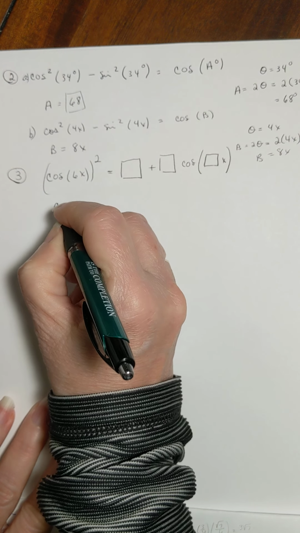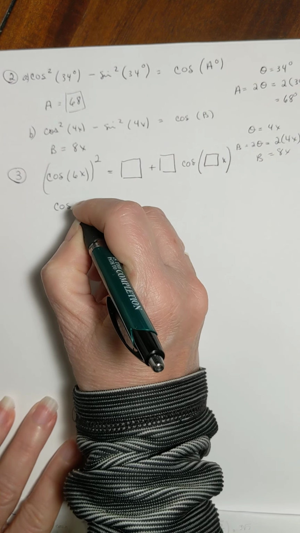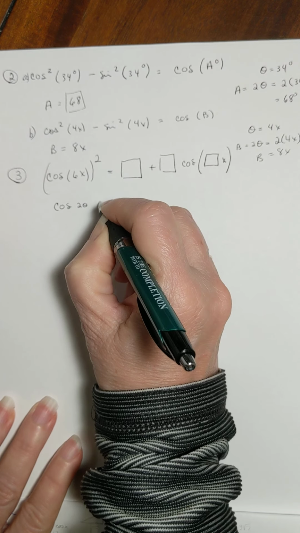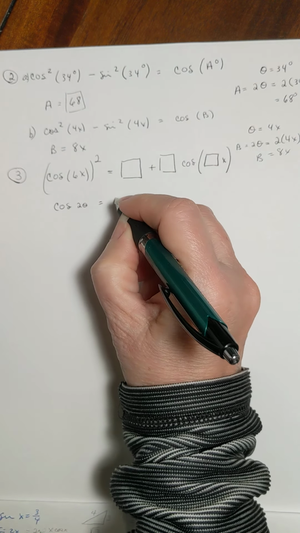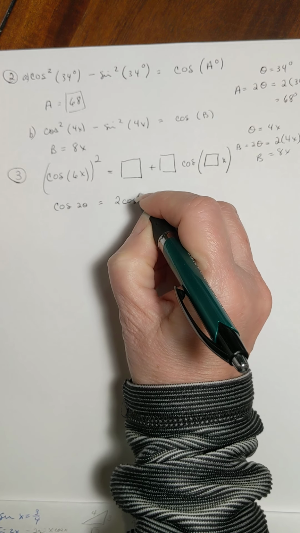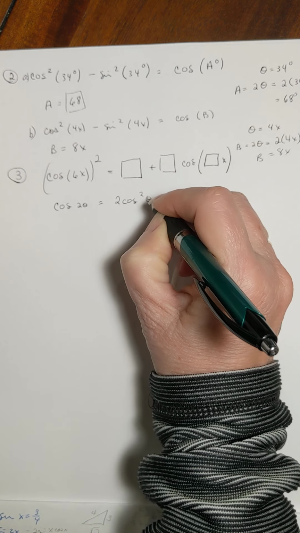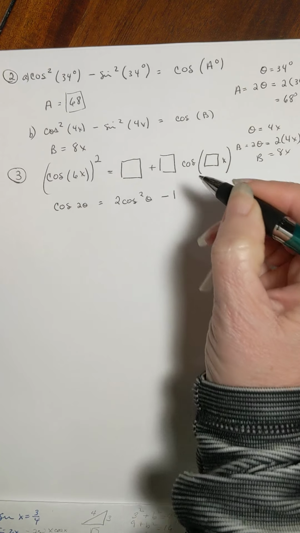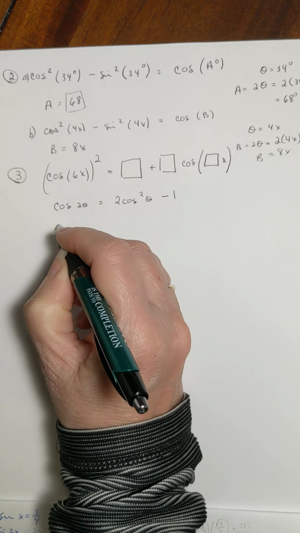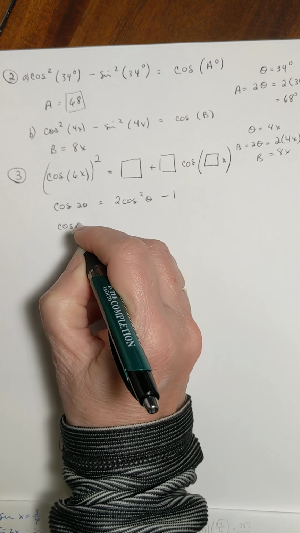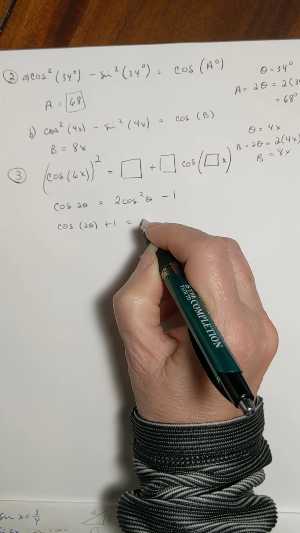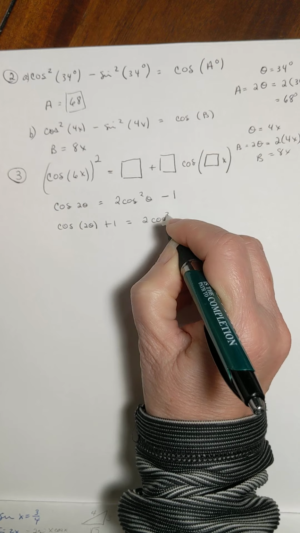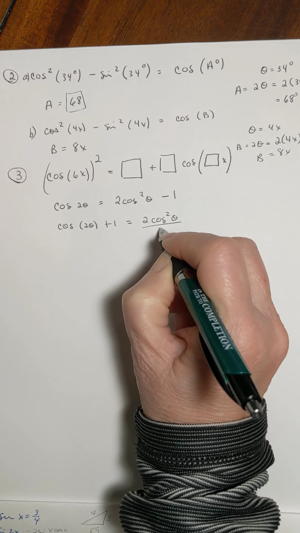So I have cosine of 2 theta is equal to 2 cosine squared of theta minus 1. So I'm going to add 1 to both sides. And then I'm going to divide both sides by 2.